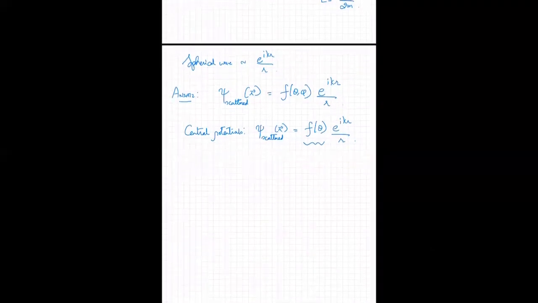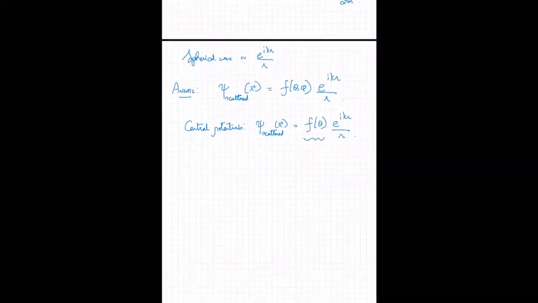So this f of theta in quantum mechanics is called the scattering amplitude. And this is of fundamental importance in quantum mechanical scattering, because f of theta is basically related to the differential cross section that we discussed before in our discussion on classical scattering.